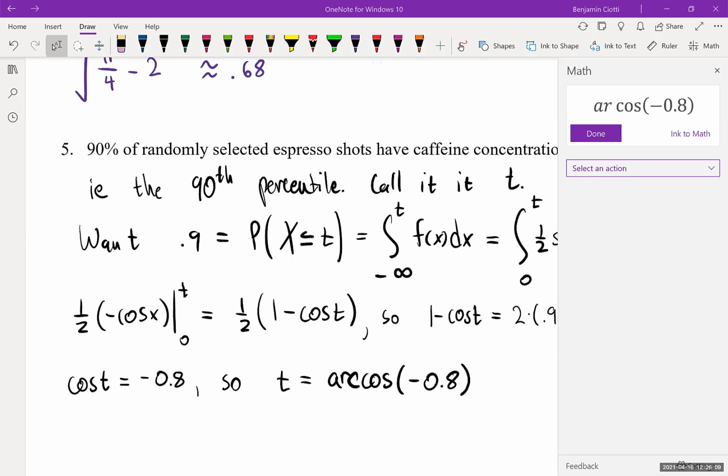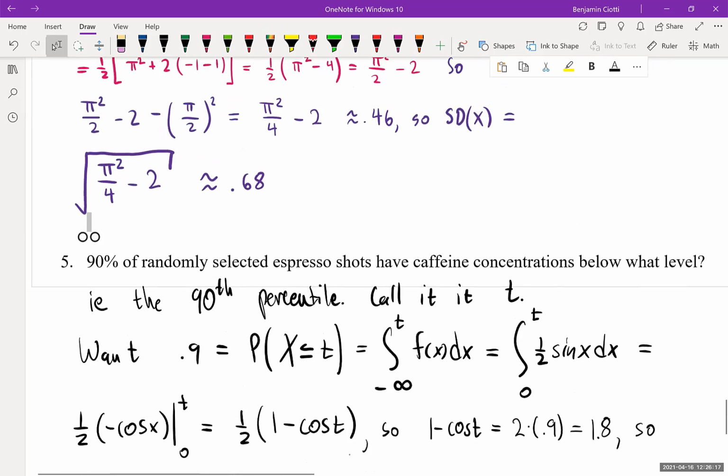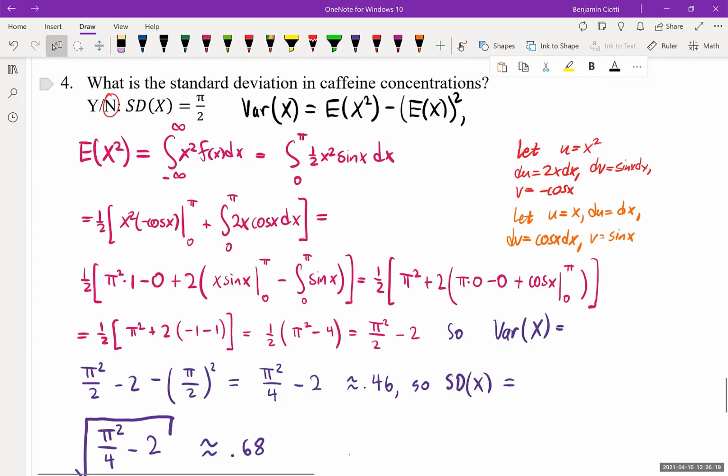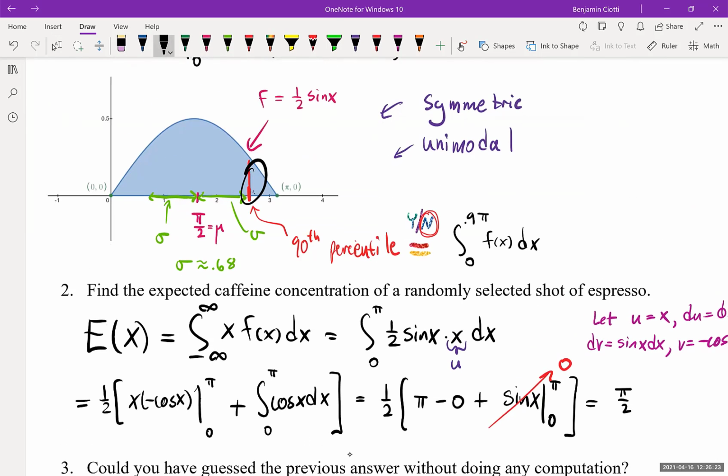Okay, so this comes out to be about 2.5, which looks about right according to our picture. Right, it should be just below 3. Yeah. So right there should be about 2.5. Cool. Okay. So that wraps up this problem.